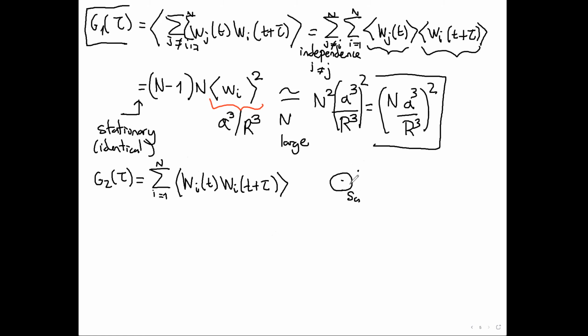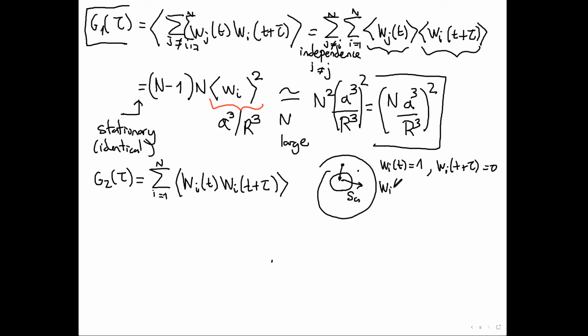If it was out of the sphere, and then it, okay, so this one will contribute 0. If it was outside and entered, it will also contribute 0. So the first case is Wi(t) equals 1, but it escaped, W(t plus tau) equals 0. This doesn't contribute to this sum.